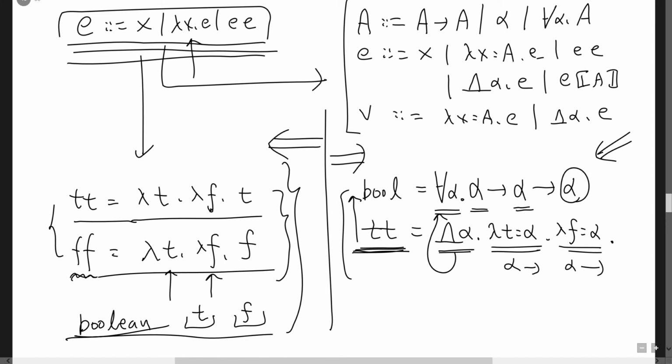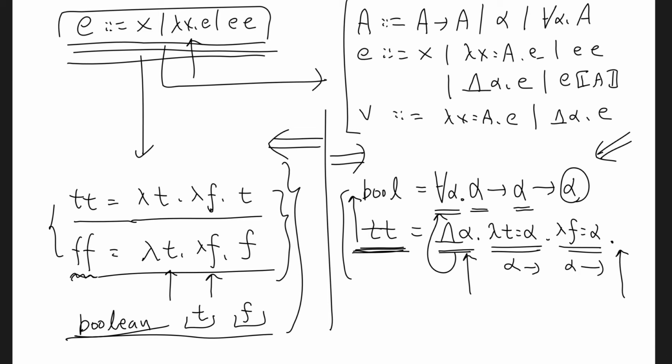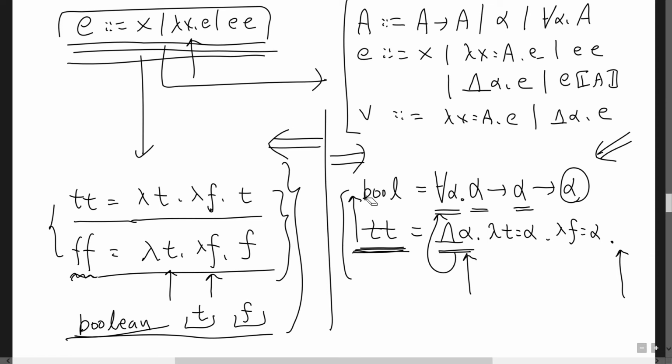But if you think about the type variable alpha, when you reach this point, there are only two expressions, two distinct expressions that can have a type alpha, namely t and f, and nothing else.